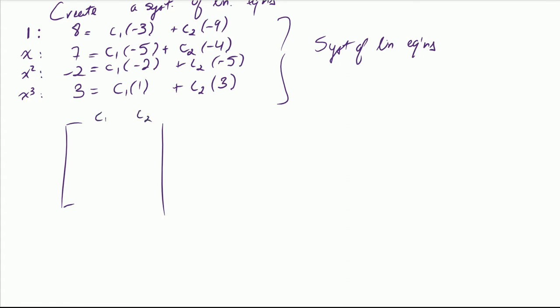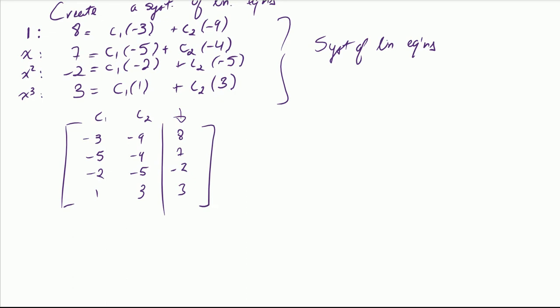So I'll get minus 3, minus 5, minus 2, 1, and I'll get minus 9, minus 4, minus 5, 3. And then on my right hand side, I sort of switch the sides, but I think you can get it. On this side of the constants, I'll get 8, 7, minus 2, and 3.